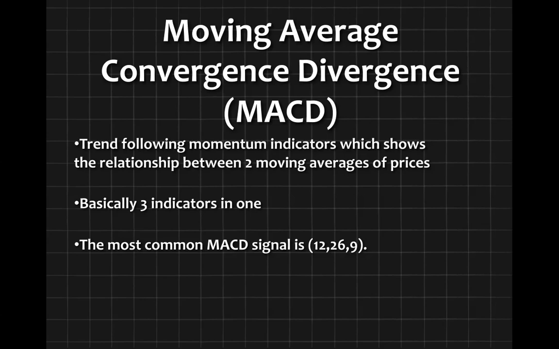Basically, it's three indicators in one, and the most common MACD signal is 12-26-9. Now, in my video lessons, I discuss exactly what the 12-26 line means. I tell you about the other three indicators, and I really break it down so that you understand every single thing about this indicator as you can, and how you can even change it around to your specific trading needs.